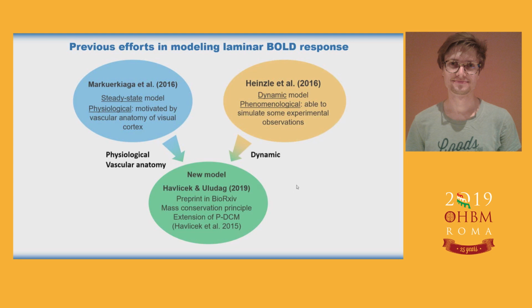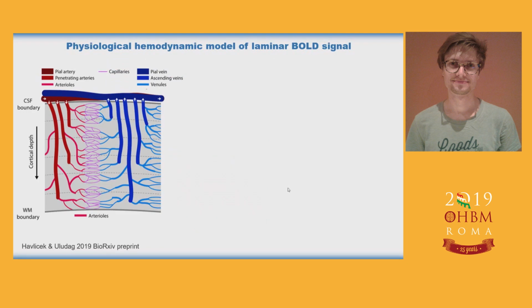So a little bit more about the model. If we think about the vascular anatomy of the cortex, and here I want to focus mainly on the venous side because that's where the majority of gradient echo BOLD signal comes from, then small venules are merging into larger ascending veins, and those are then draining partially deoxygenated blood from lower depths into even larger pial veins on the surface.